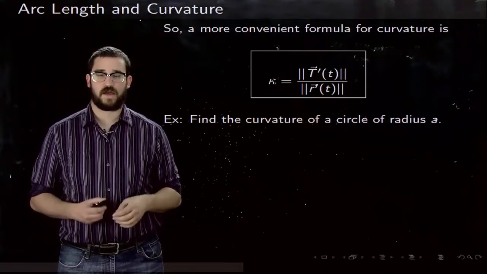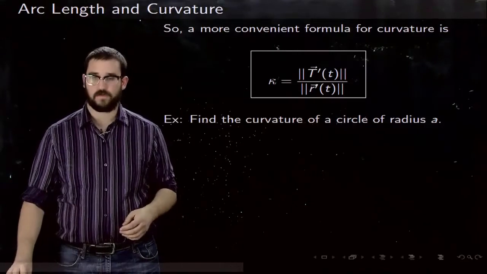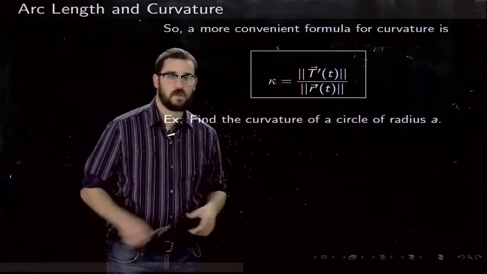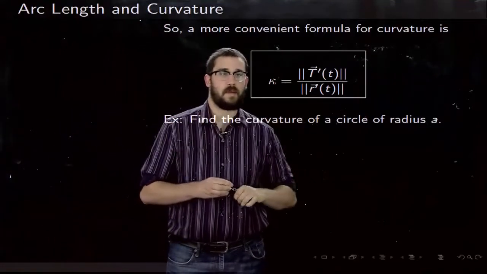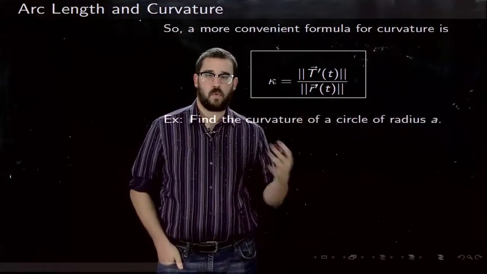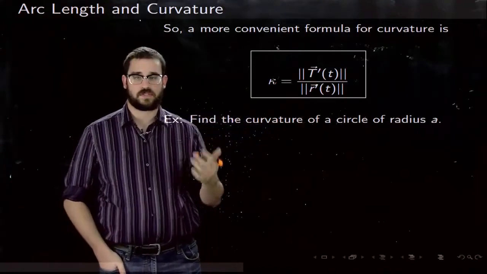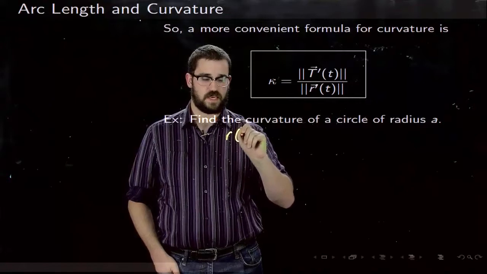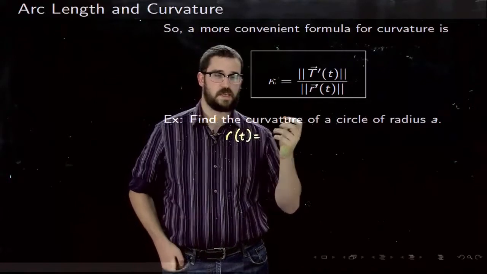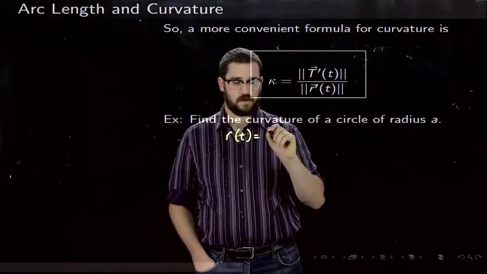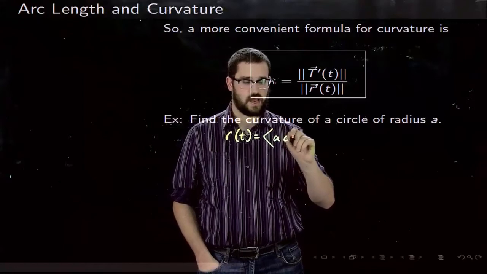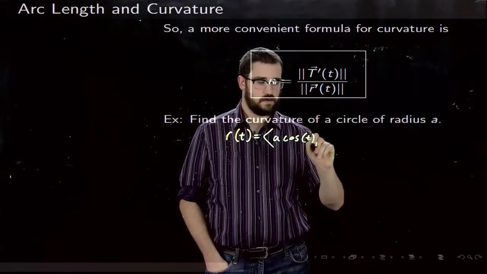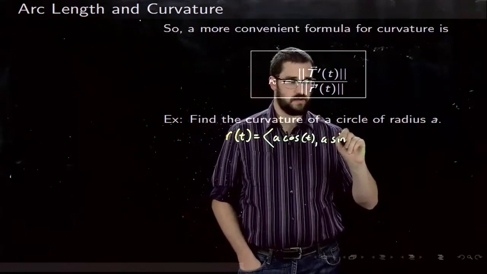So let's try to find the curvature of a circle of radius a. Remember, from our formula, how do we figure out what a circle is? Well, r of t would just be a cosine of t, a sine of t.